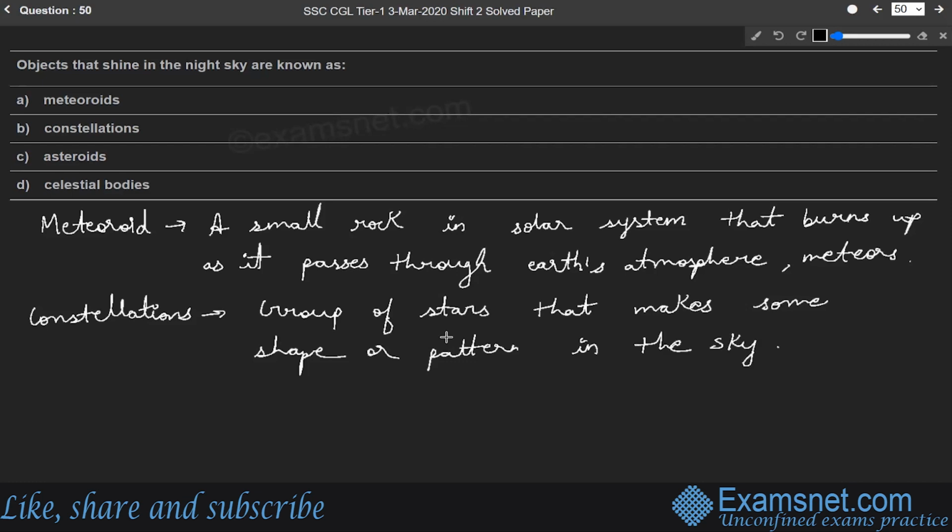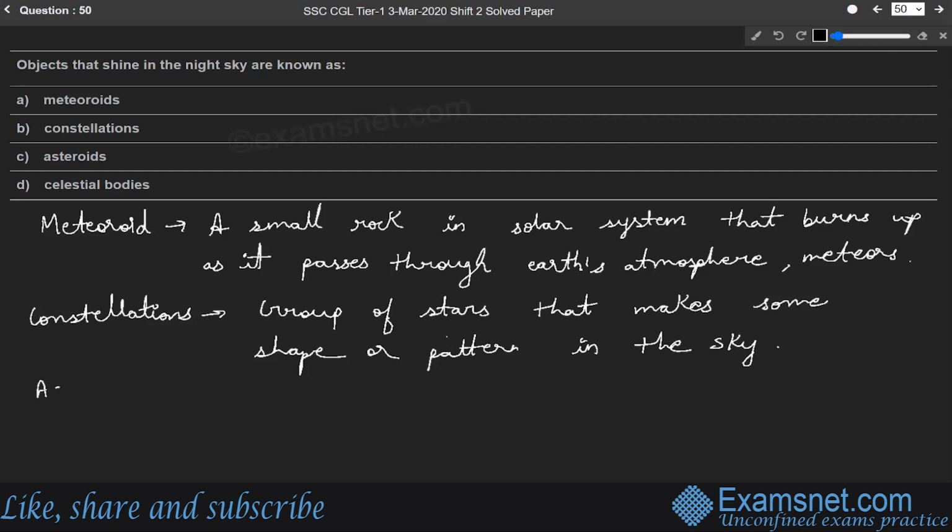It is like a game of connecting the dots. Here, dots are referred to as stars because it is a group of stars that makes some shapes or patterns in the sky. So different stars are connected and they form different shapes, which are known as constellations.